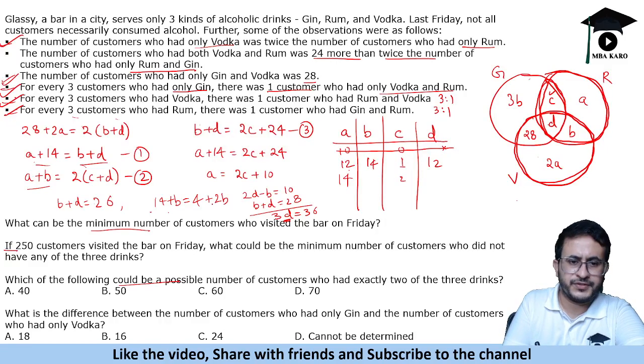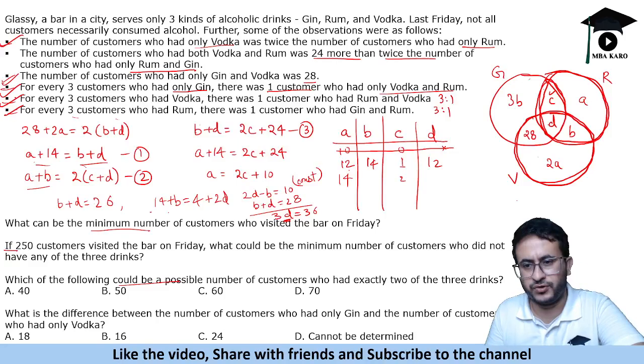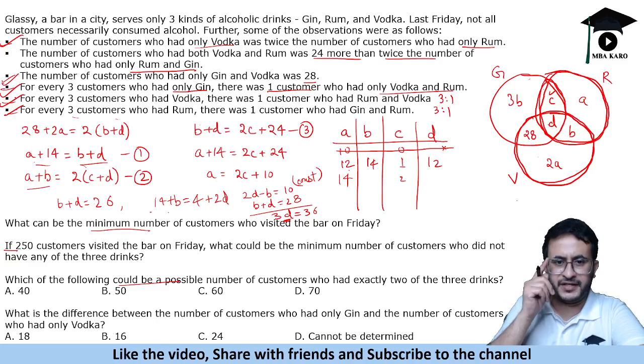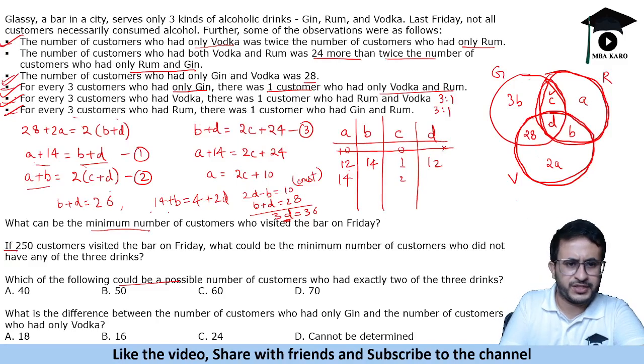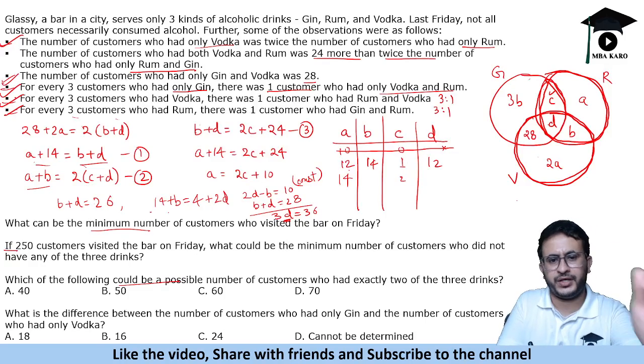So we'll get 2D minus B, which is 10. So this is constant. अगर आप ये देख लो 2D minus B is 10, that is constant, that you are getting in every equation. Maybe you can substitute C here and you shall get the same result, that 2D minus B is constant.